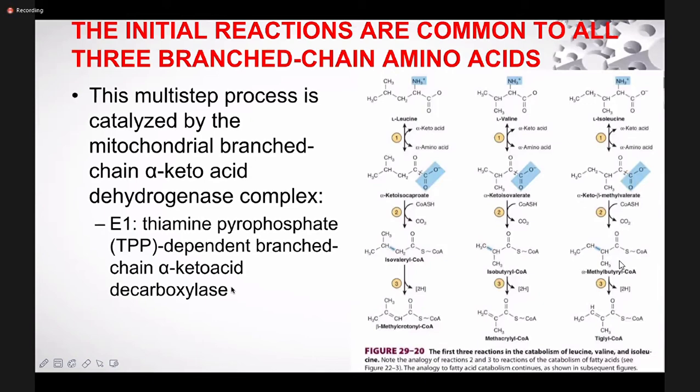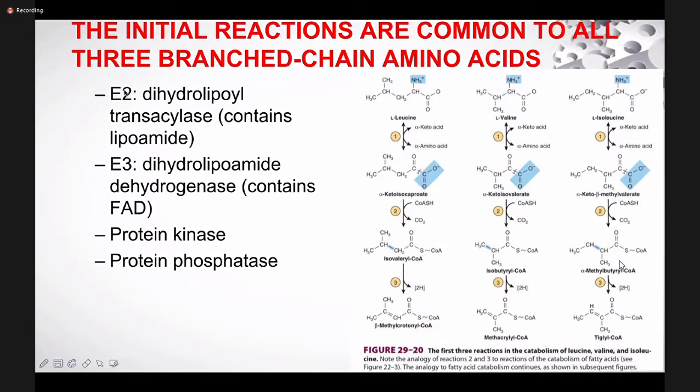Then we have E2, dihydrolipoyl transacylase. So this contains a lipoamide. Then we have enzyme 3, dihydrolipoamide dehydrogenase, which contains FAD. Then we have protein kinase and protein phosphatase. So all these 5 are the components of this alpha keto acid dehydrogenase complex.